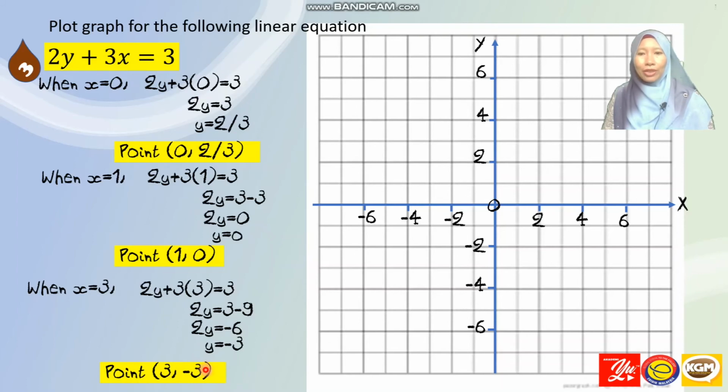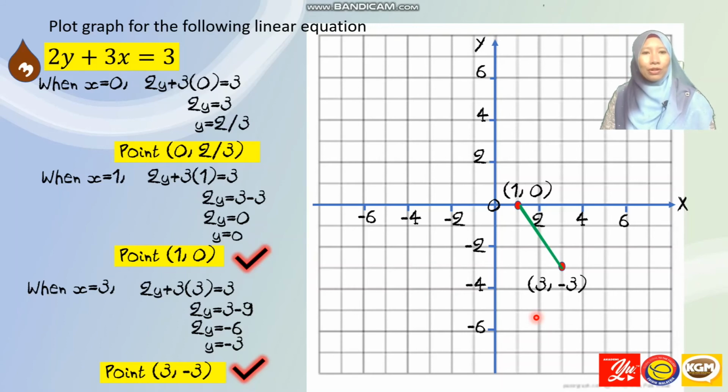Alright, so we're going to use these 2 points, the whole number points, point number 2 and point number 3. So now I'm going to plot 1, 0. Yeah, so that is 1, 0, coordinate x is 1, coordinate y is 0. And then the second point is 3, negative 3 over here. So we can just draw the line joining the 2 points.